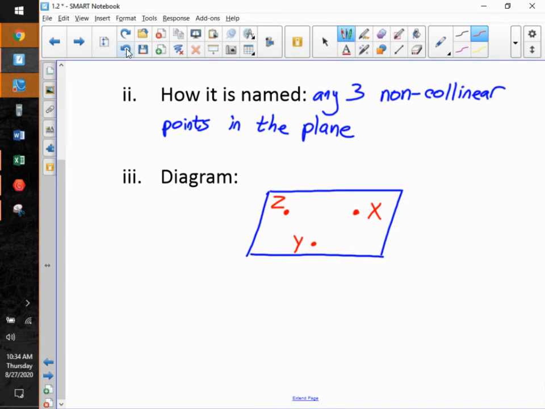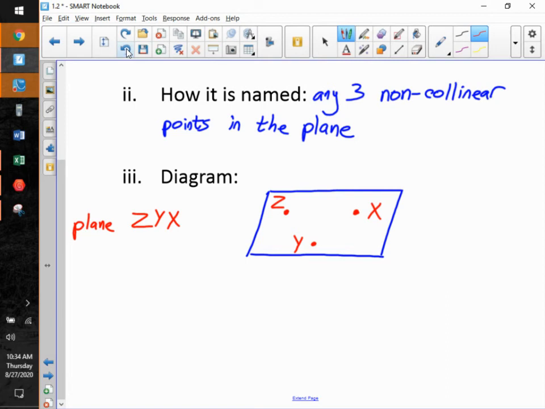And the simplest way to do this now would be to look at this figure here and call it plane, and the order of the letters does not matter, you guys. So I'm going to just go with plane ZYX, and that's a proper way of naming this plane. But let's be careful. There aren't just 3 points in this plane. There's actually an infinite number.